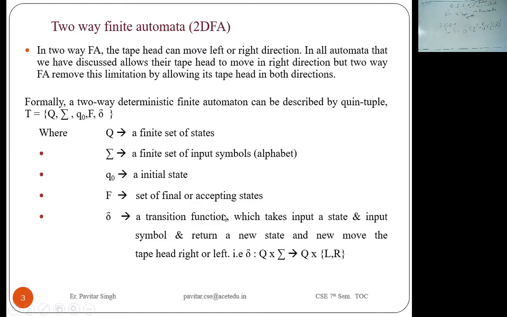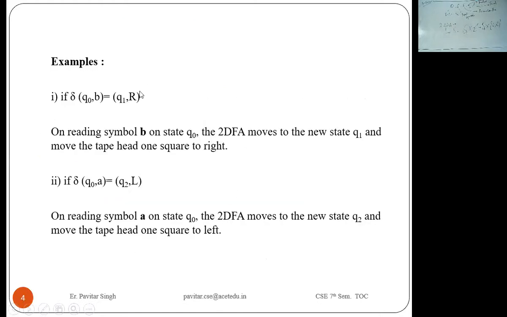Next definition: let's take an example. If delta Q naught comma B is equal to Q1 comma R, right? In case of 2DFA, your moves will be of this form. Let me discuss it with you. So again, I am comparing the moves of DFA with 2DFA. In case of DFA, we have delta Q1 comma A is equal to Q2.